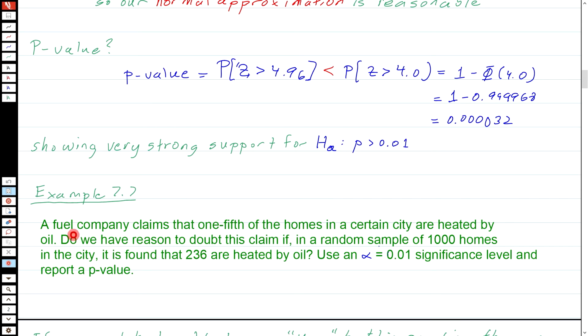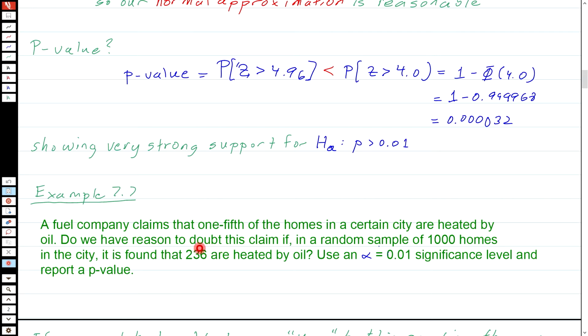Okay, so a fuel company claims 1/5 of the homes in a certain city are heated by oil, and then we say, do we have reason to doubt this claim? So reason to doubt means that I would reject the claim if I'm far enough away in either direction. That would give me reason to doubt the claim.